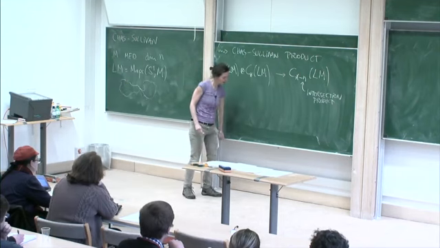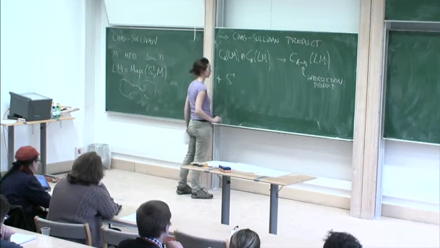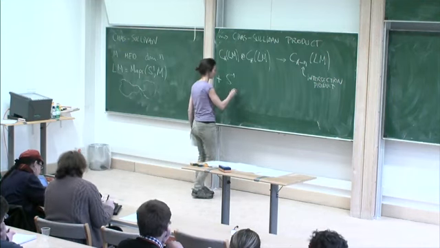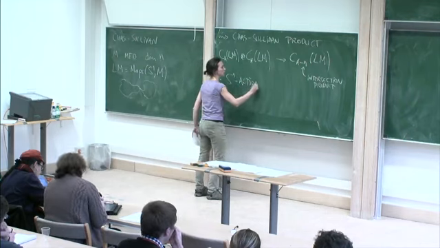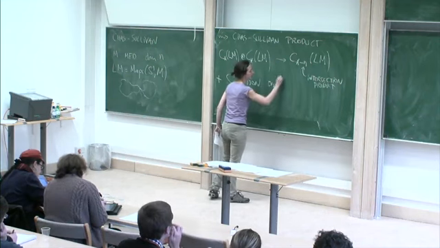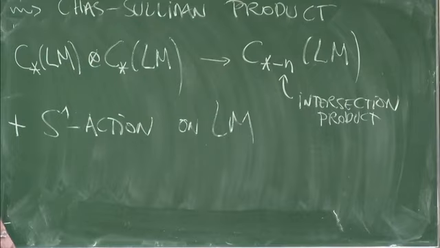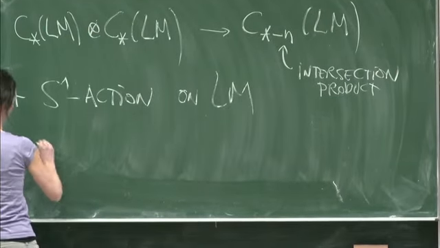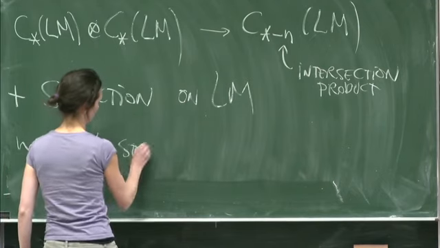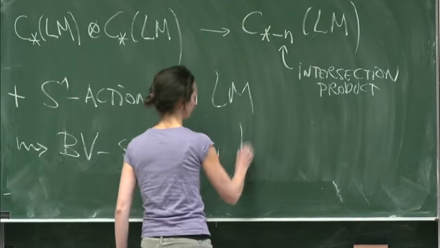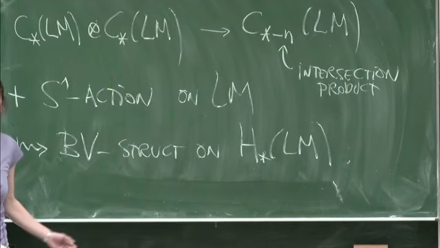You have another structure on the loop space, which is the circle action. So you have an S1 action on LM, which just rotates the loops. If you combine these two things, what you get is a Batalin-Vilkovisky structure on the homology of the loop space, up to some degree shift.